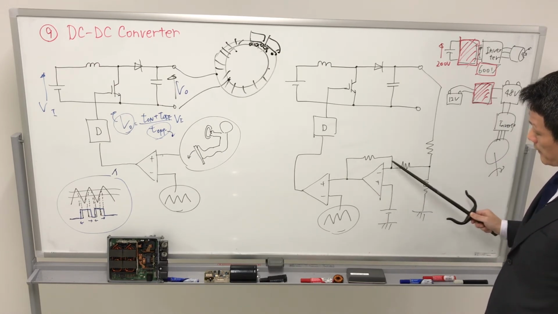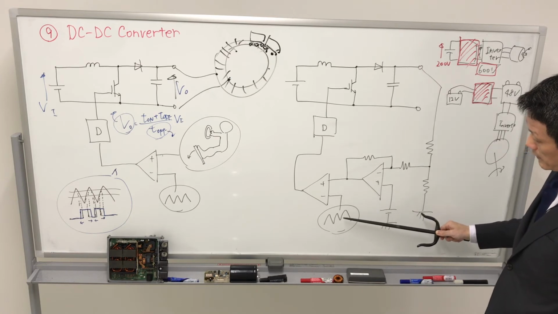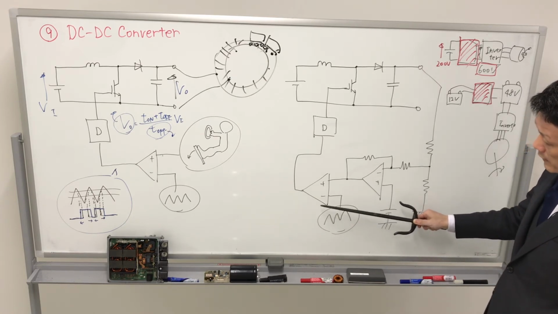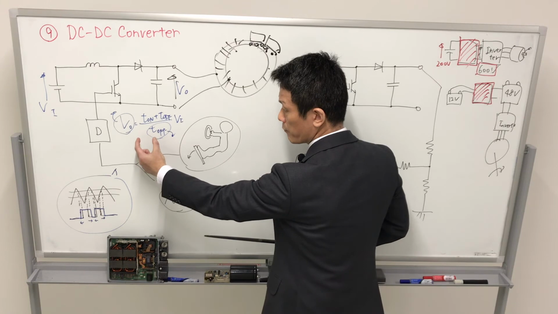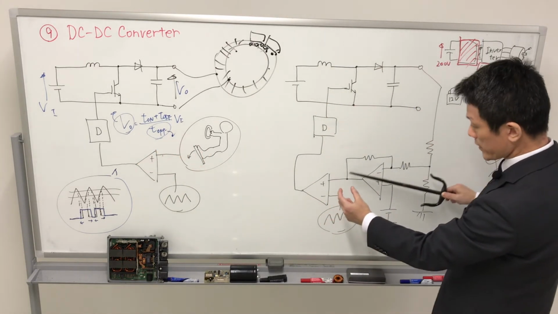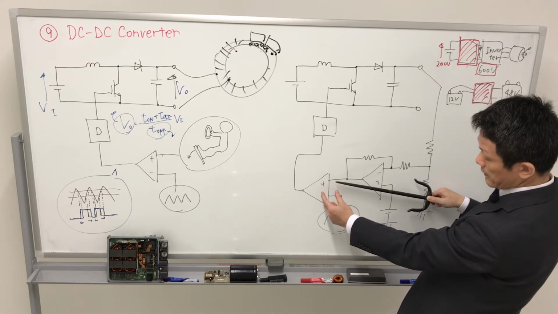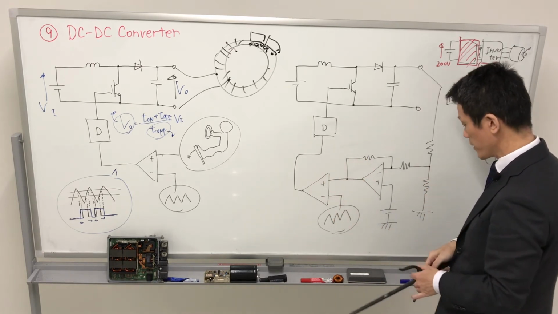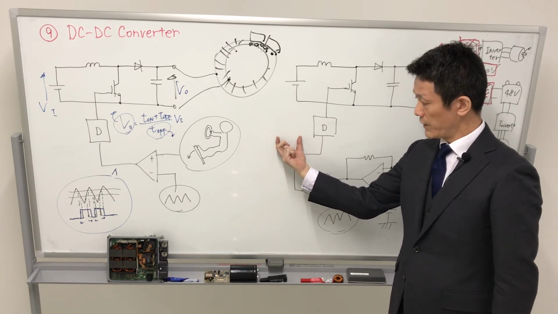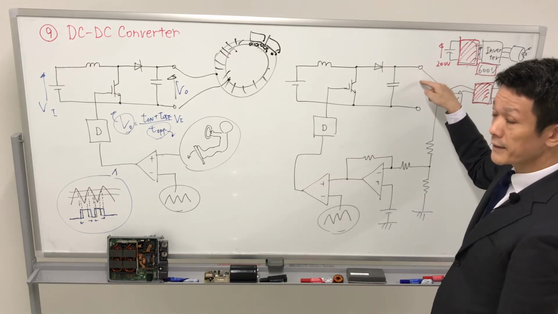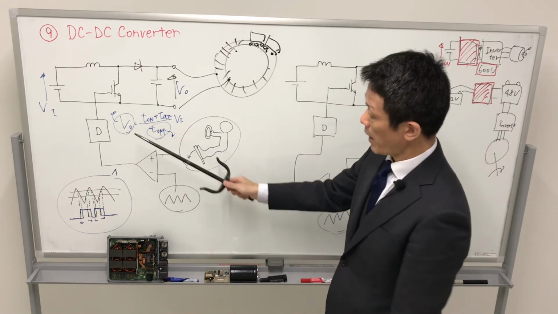If the output is higher, the T on pulse width decreases and the voltage decreases; if it is lower, the pulse width increases and the voltage increases.